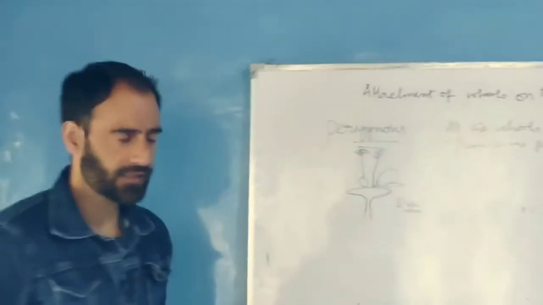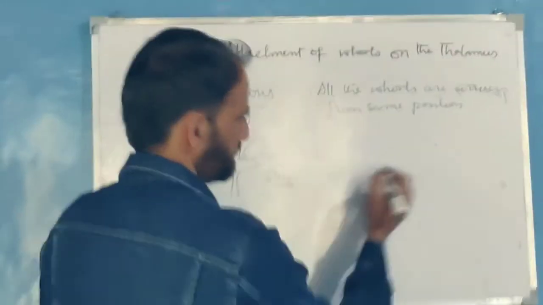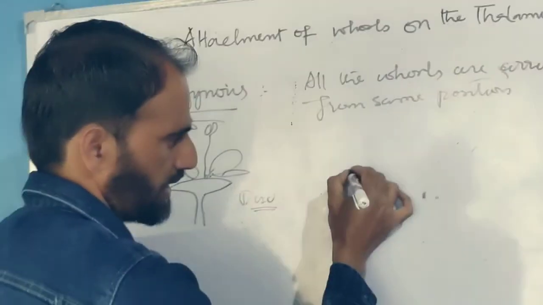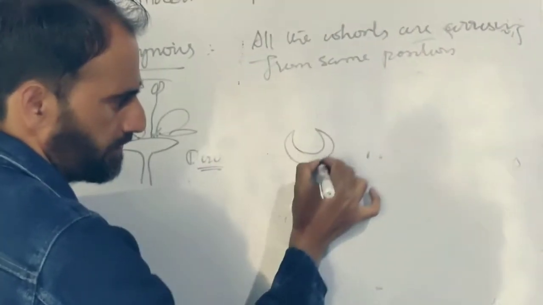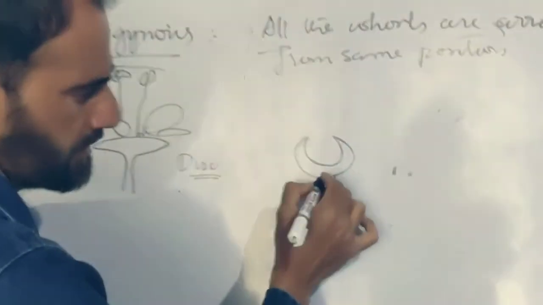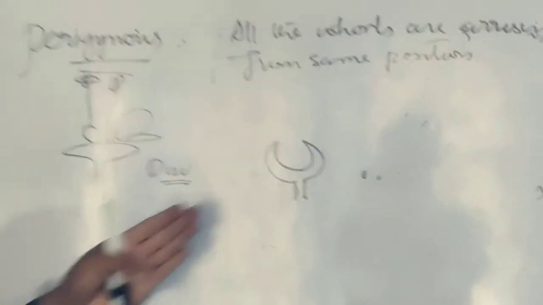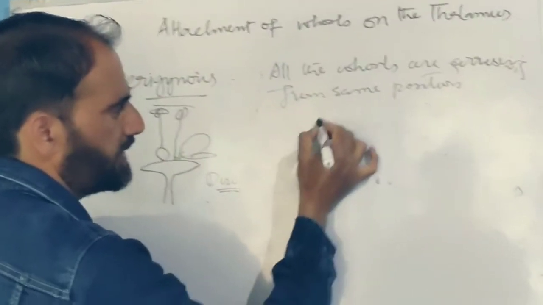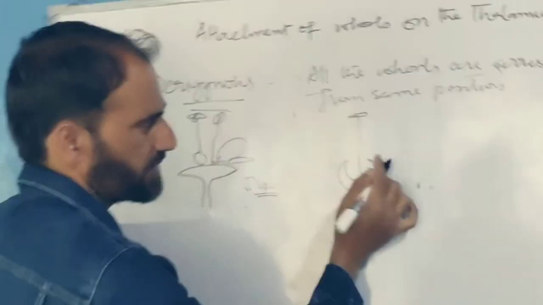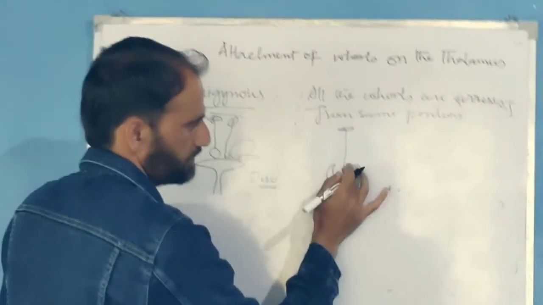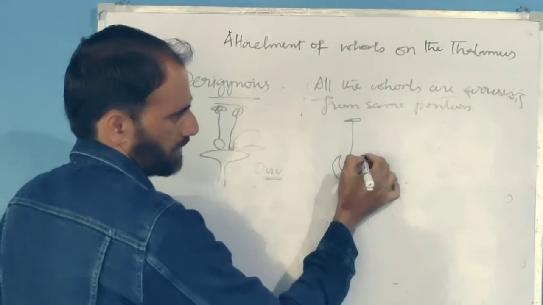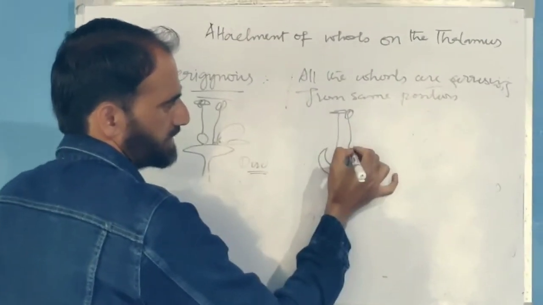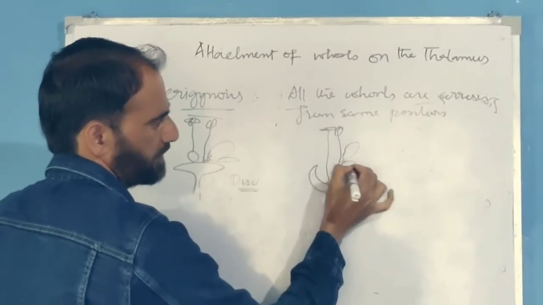We have another condition where the thalamus is cup shaped like this. This is a cup shaped thalamus. So what happens here? From this position arises the ovary and stigma, and from the top of this thalamus arise the other whorls, but they are at the same position.